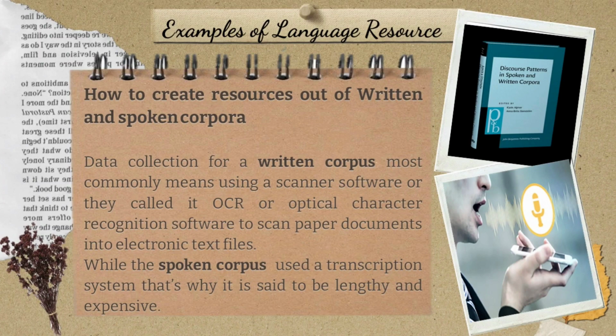For example, most newspapers and many popular periodicals are now produced in both print and electronic versions, and these are available on the World Wide Web, which provides additional options for the collection of some documents, while the spoken corpus uses a transcription system. That's why it is said to be lengthy and expensive.